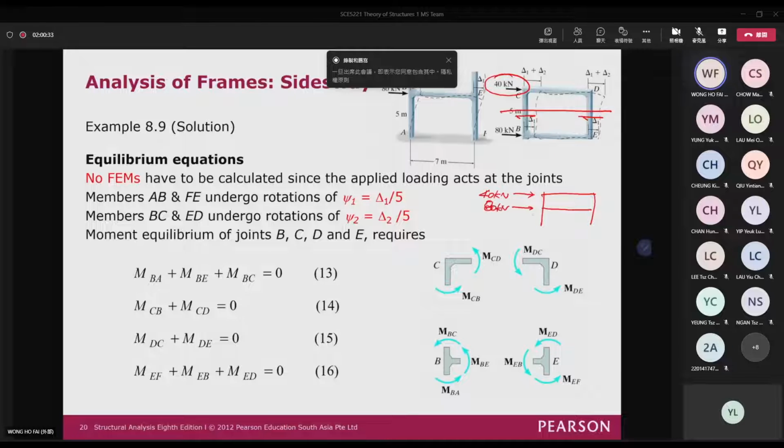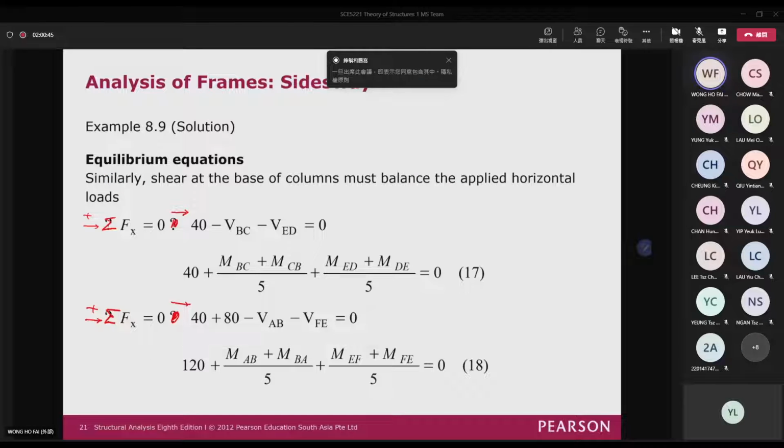And actually, the shear here will again balance these 2 forces. So we will consider the equilibrium equations by summation Fx is equal to 0. So you can see that 40 minus VBC minus VED is equal to 0. And then the second one is 40 plus 80 minus the shear on those 2 columns, again equal to 0.